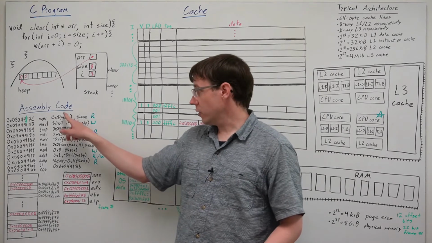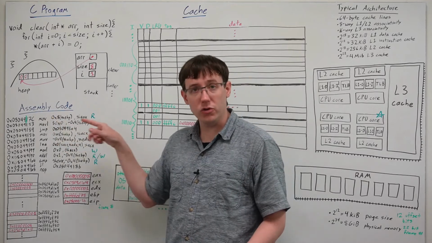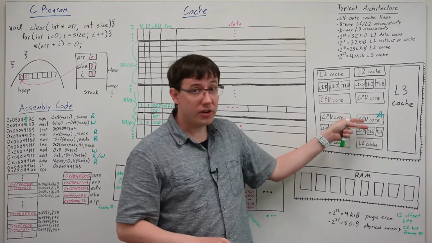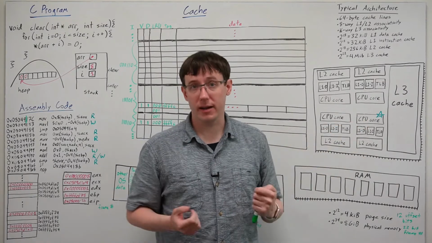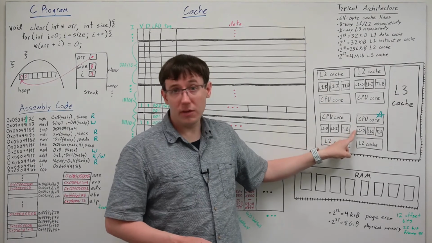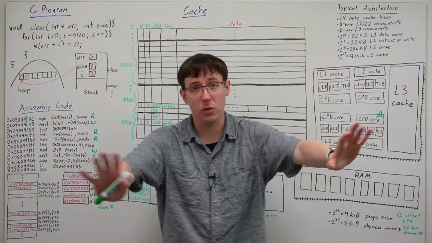So the processor will take the value in the base pointer register, add 8 to it, and then send that address to the different places where it might find the data. That means that this address is going to the level 1 data cache, the level 2 cache, and the level 3 cache all at once.